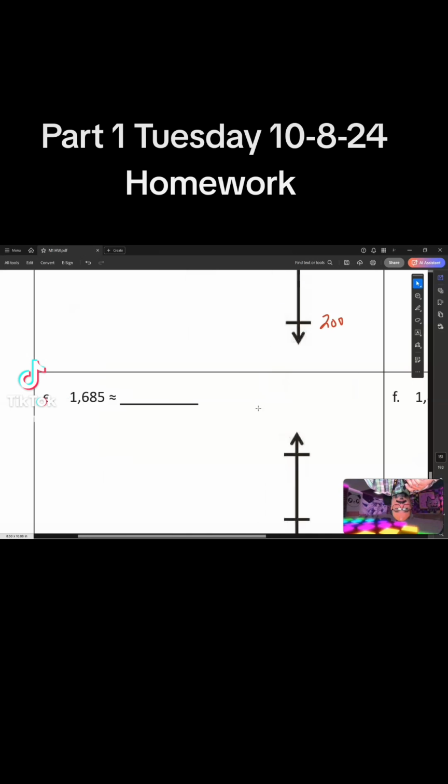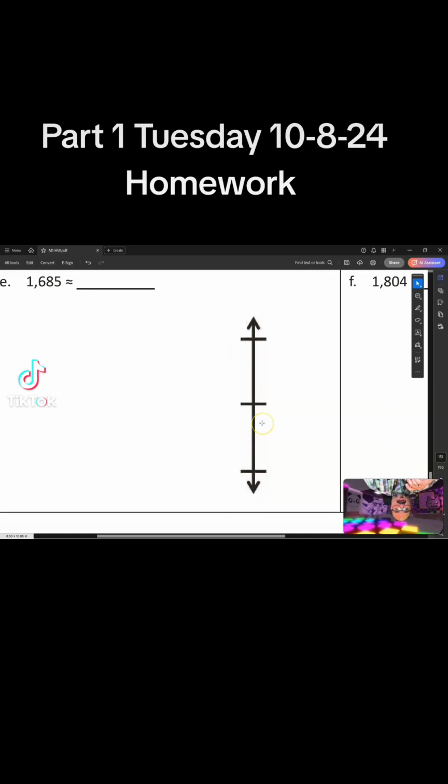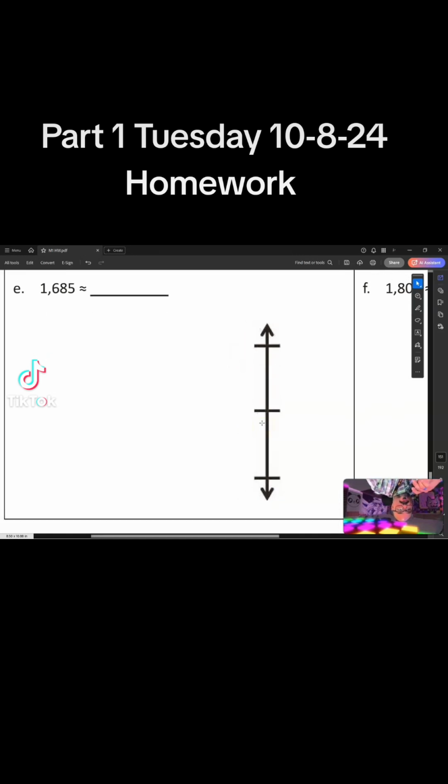Okay. E. 1,685. Again, thousands doesn't matter. We're rounding to the hundreds. The 6 is what's in the hundreds. So my 1,000 will stay. I'm looking at 6. 685 is in between 600 and 700. Halfway would be 1,650.